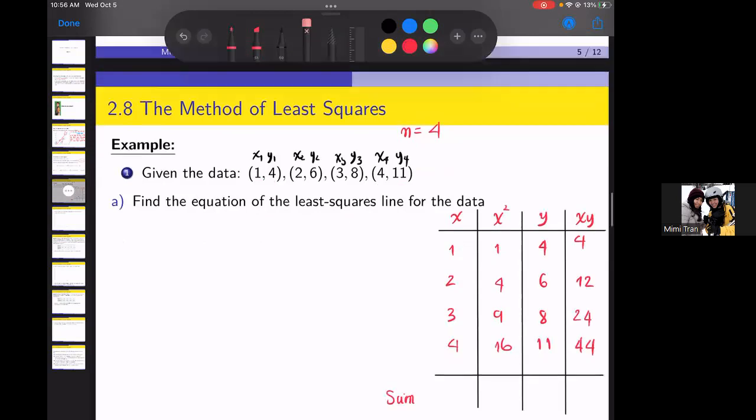So basically, we just fill out the table. Let's sum them up. Let's add the x column. 1 plus 2 plus 3 plus 4 is 10. You can calculate these if you want to. X squared: 10, 14, 30.